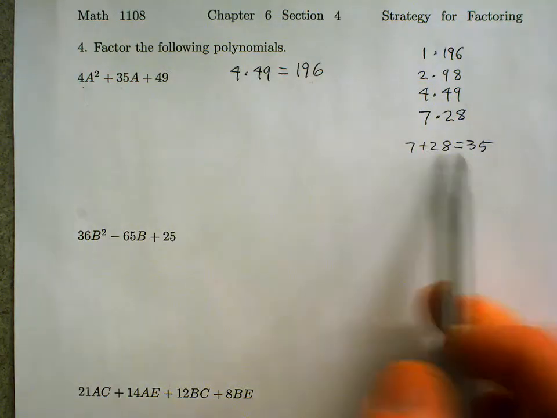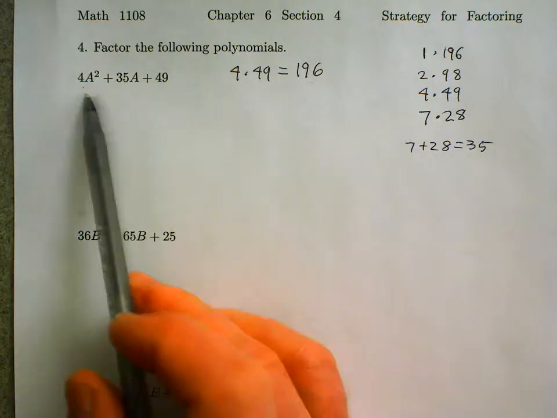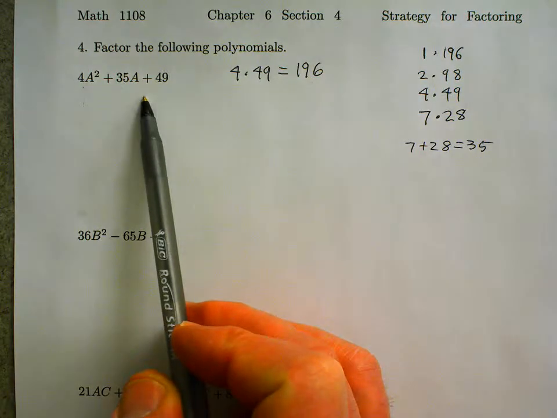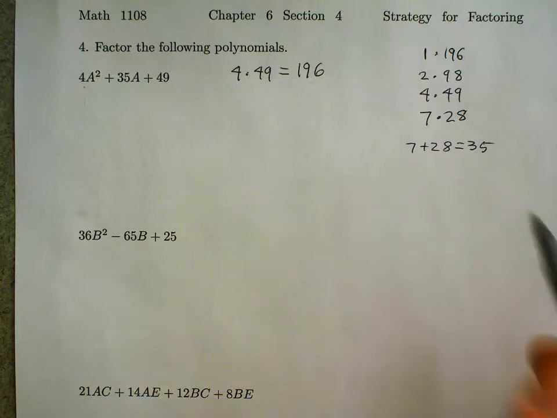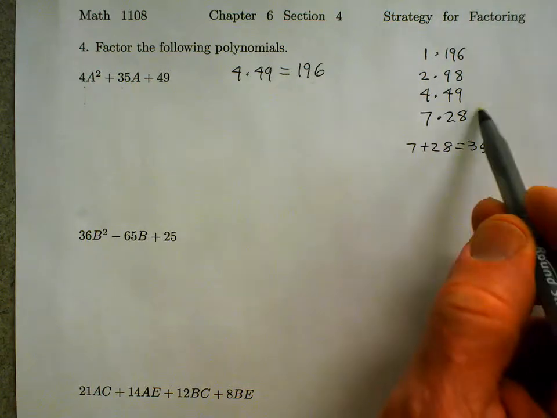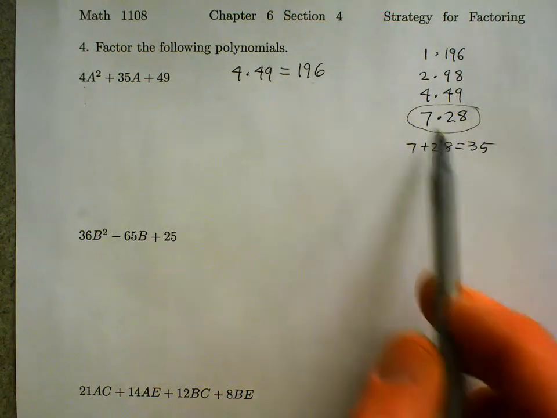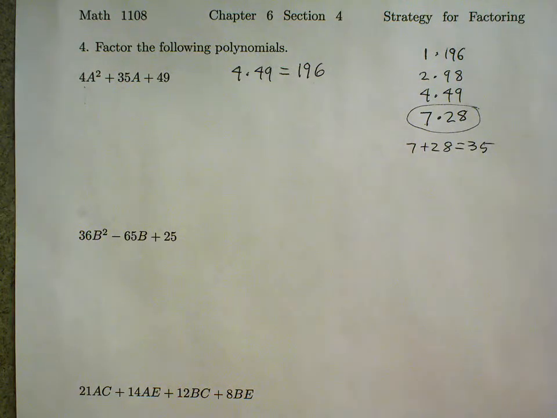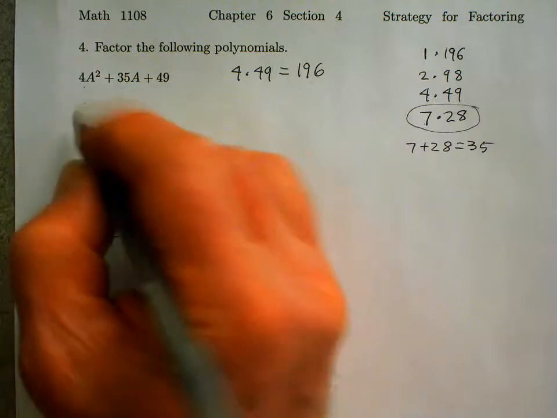Okay, so that guarantees that we can factor this. Another hint that it's not a perfect square trinomial: the two integers that satisfy the two conditions are not the same, but we can still factor it.